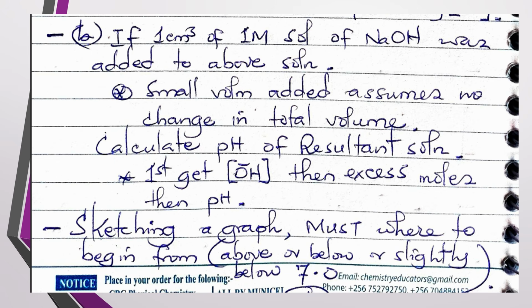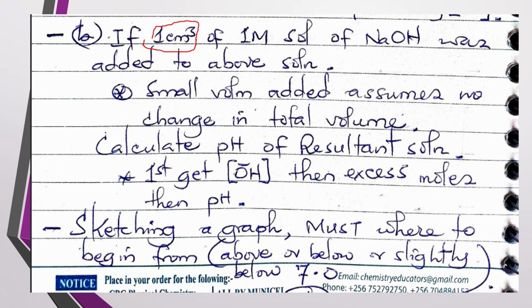Now the other point to note is that if the question tells you that you are adding a very small volume, for example 1 centimeter cubed or 2 centimeters cubed, those are very small volumes. We are testing for a student's knowledge about buffer solutions. It's only when we are examining knowledge about buffer solutions that we give such small volumes.